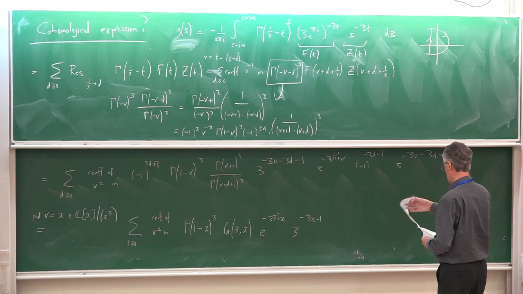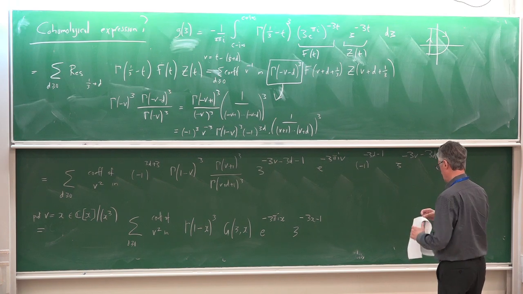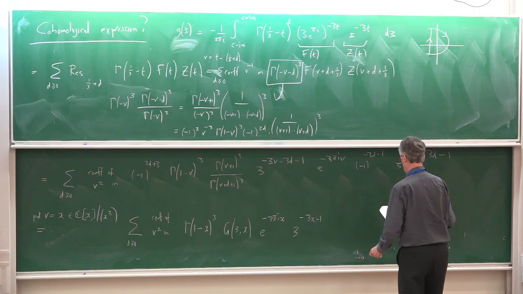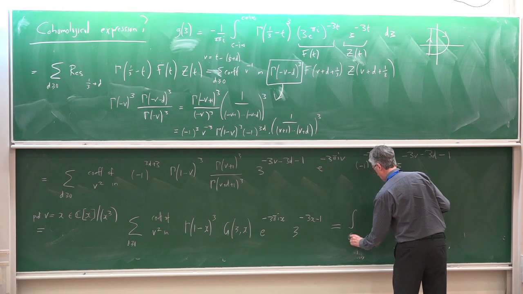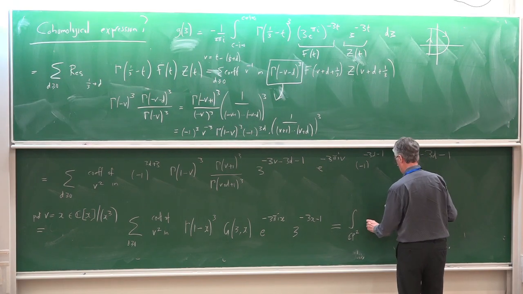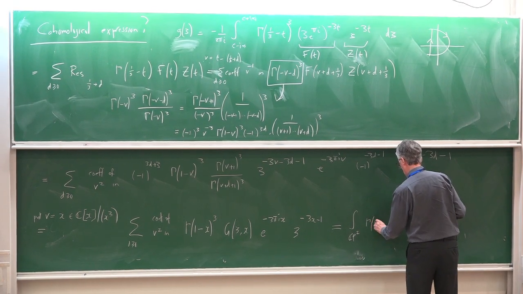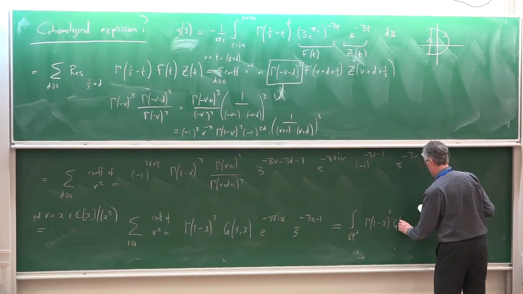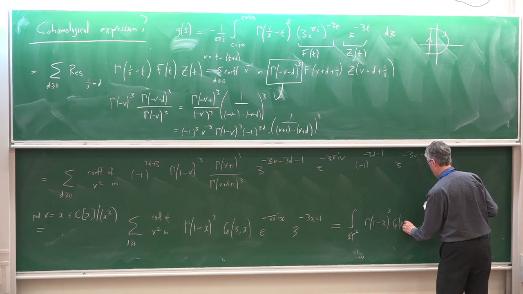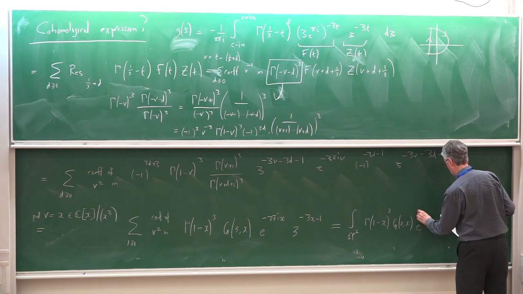So this is the cohomological expression. And so, of course, I can write this formally. Well, not formally, I mean, it's really true. I can write this as this nice cohomological formula.